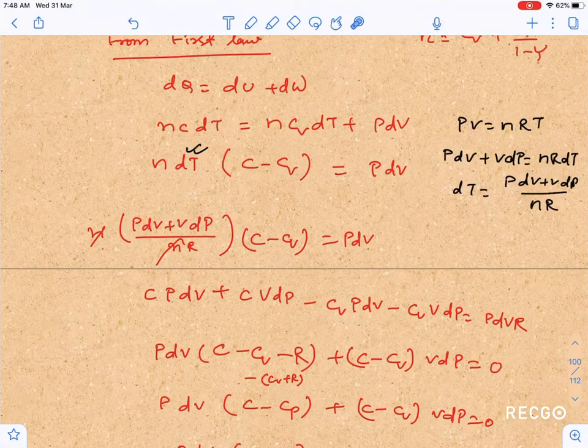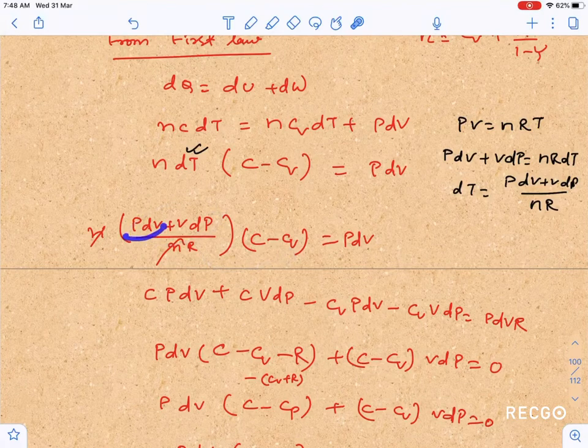First, this pdV, when multiplied by C, becomes C pdV. Then the second term, Vdp, multiplied with C, you can write C into Vdp. So first I have taken these two terms multiplied by C, then these two terms multiplied by minus Cv.